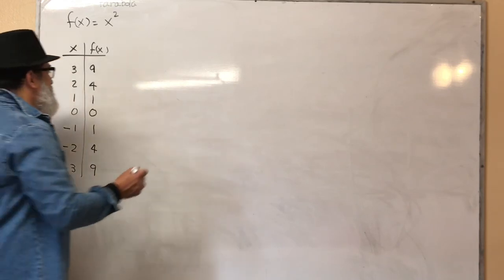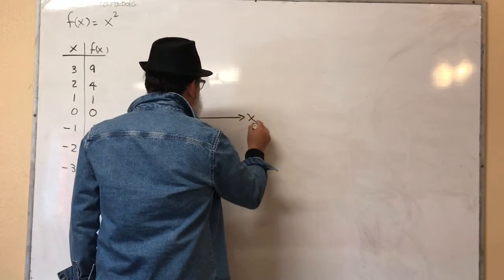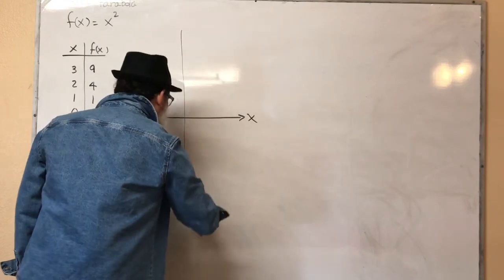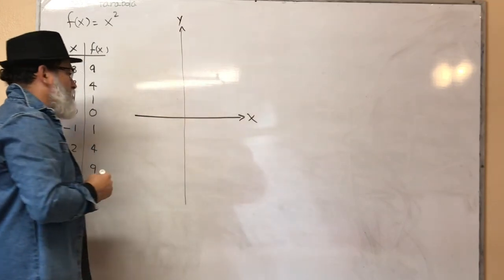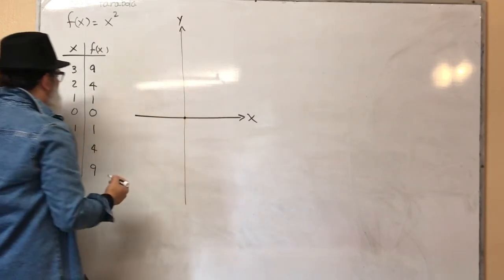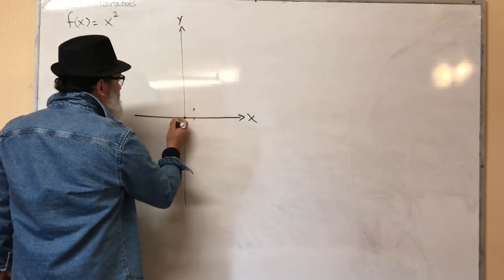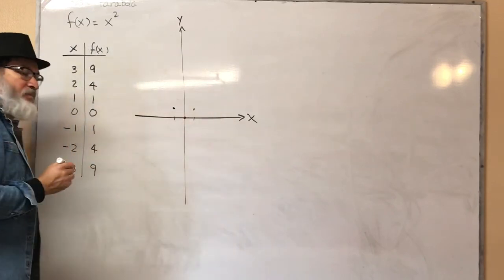Graphing it. So here is the x-axis. And here is the y-axis. So when x is 0, we get 0. When x is 1, we get 1. X is -1, we get 1. Yes?